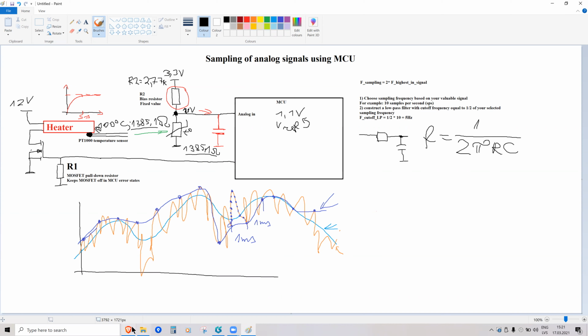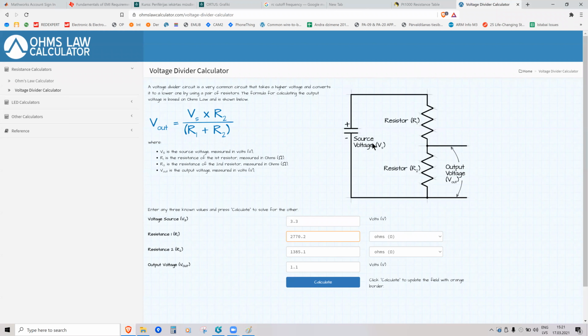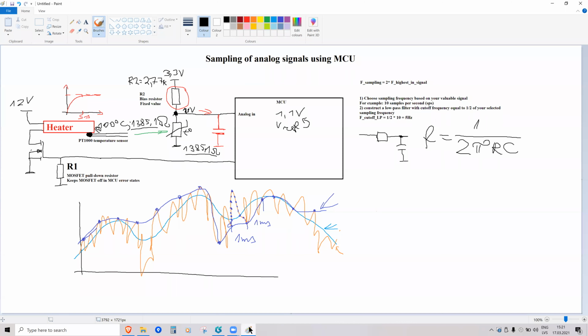You need to understand that you can calculate it, and that you need to search for a voltage divider calculator. Then you just input the numbers, press calculate, and it calculates it for you. So the resistor on top is 2.77 kilo ohms. On the bottom is 1.385 kilo ohms. I'll just change it to kilo ohms.